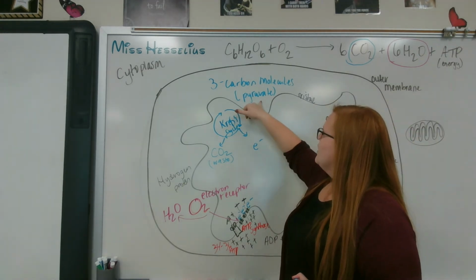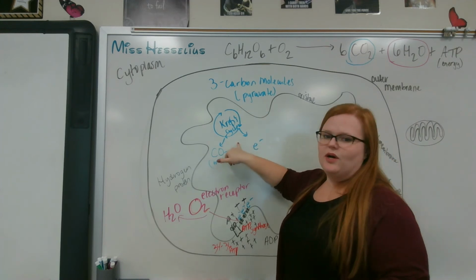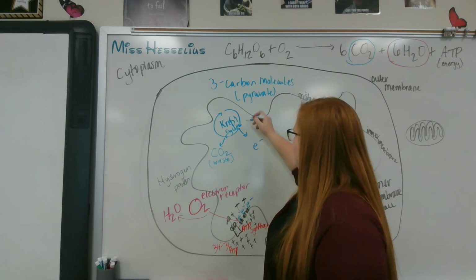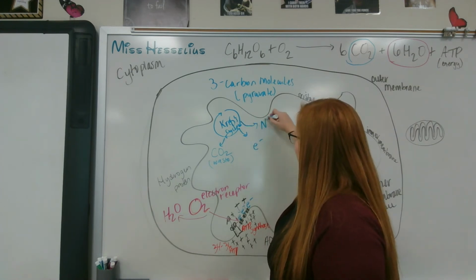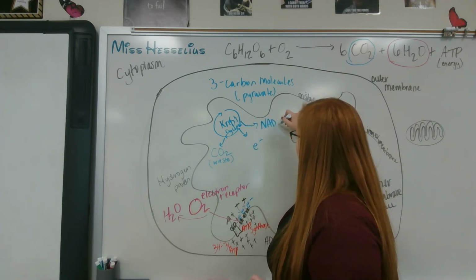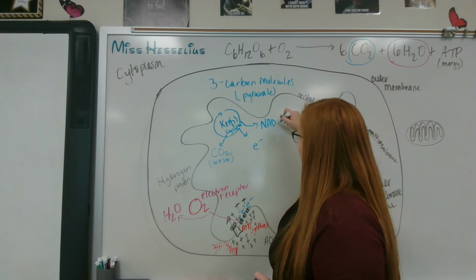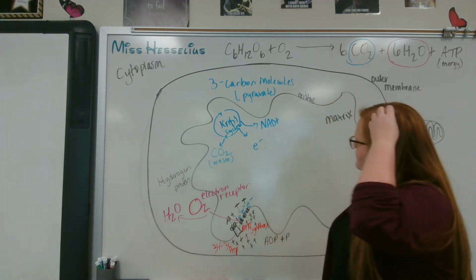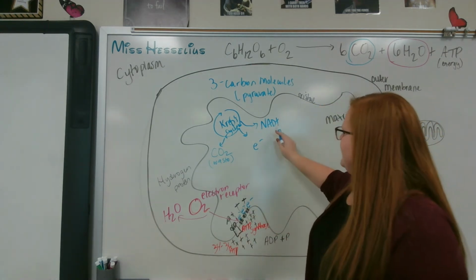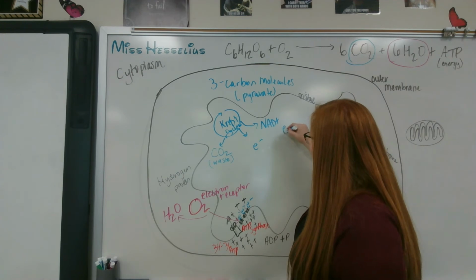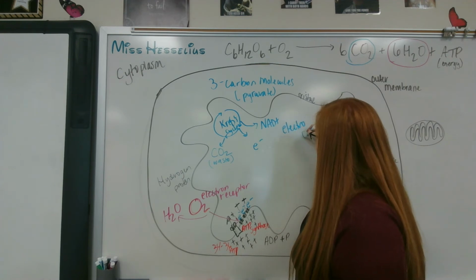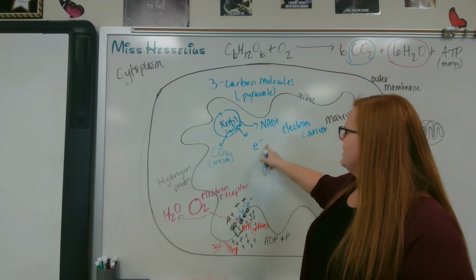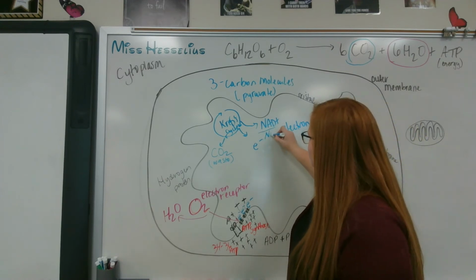So our 3 carbon molecules get broken down into carbon dioxide and electrons, which we have here, and electron carriers, NAD plus. Once NAD plus picks up an electron, it becomes NADH. It's an electron carrier.